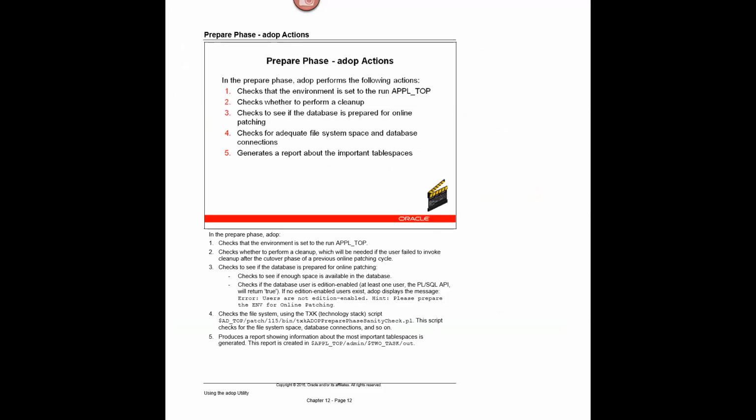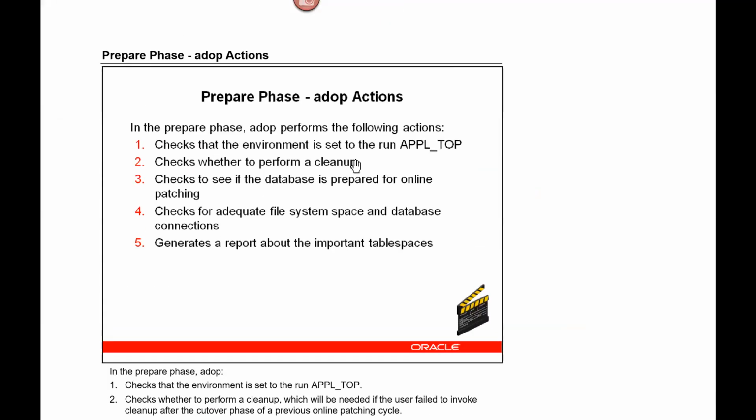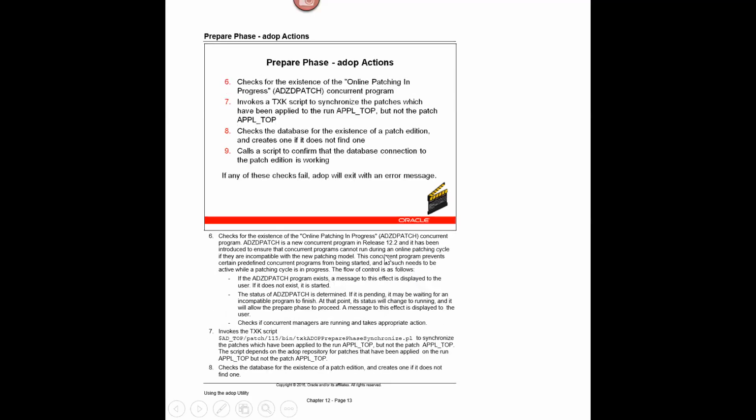Right, so in the prepare phase, it checks that the environment is set to APPL_TOP, checks whether to perform cleanup, checks whether the database is prepared for online patching, checks for adequate file system and database connection, and generates a report about the important tablespaces, whether space is there or not. Internally it will run a lot of things for you.